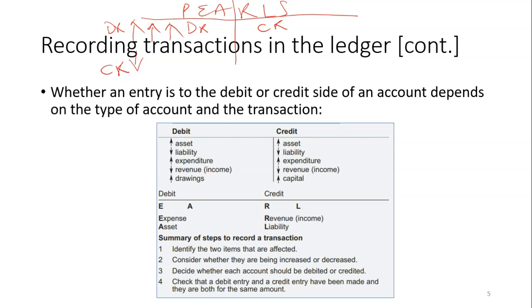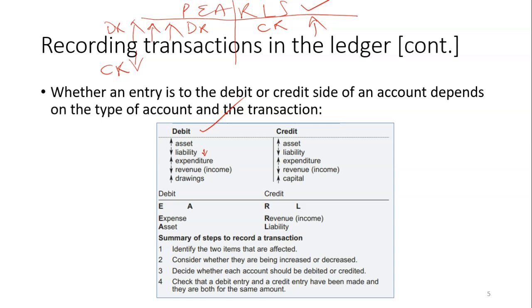Similarly, revenue is a credit. Revenue, income, or sales are credited by default whenever they are being increased. So this is why you are seeing here that assets are increased by debiting, but liabilities are reduced by debiting. Why? Because liabilities are credits by default.